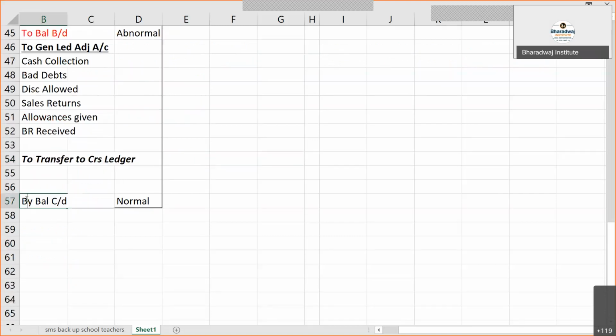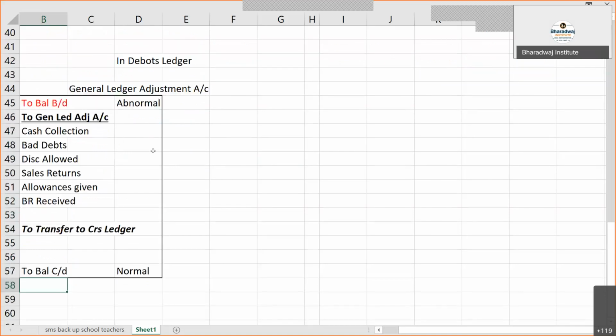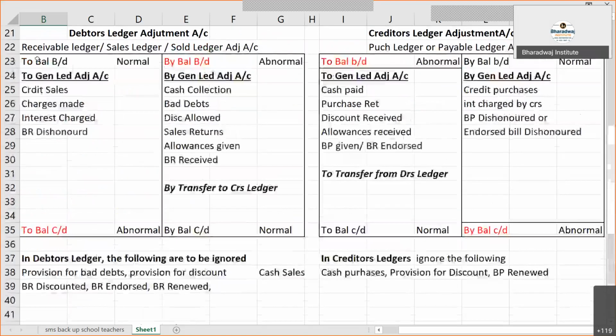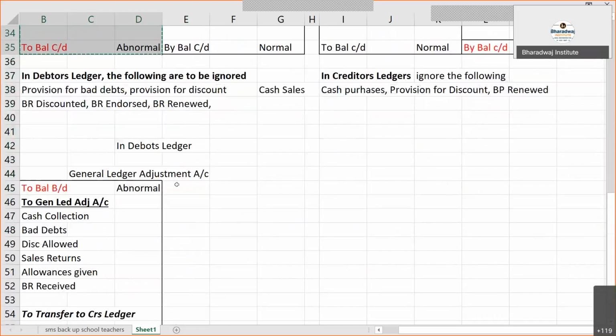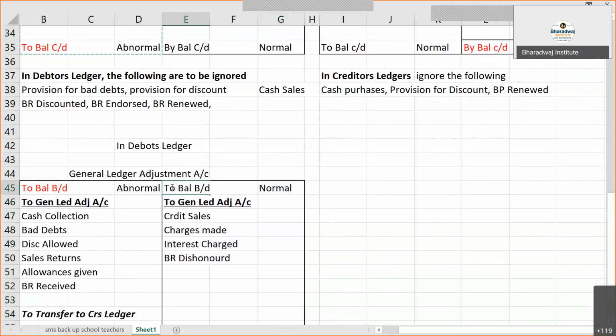You need not copy this. You can do this automatically in the exam. To balance carry down, like that. Then whatever was debited, it is going to be credited because the opposite effect will happen in the other ledger. So it will be like by balance brought down, normal balance. Instead of to general ledger adjustment account, it will be like to debtors ledger adjustment account.